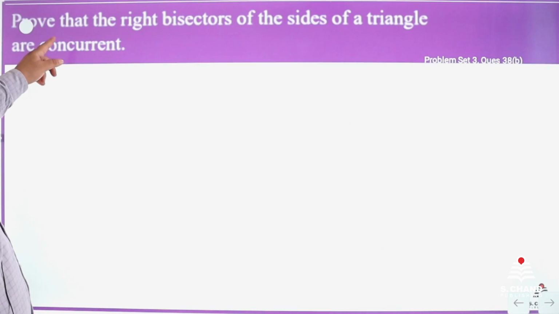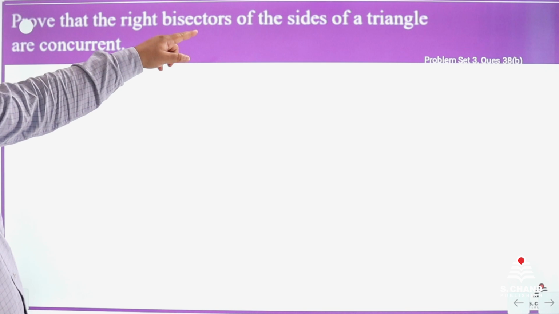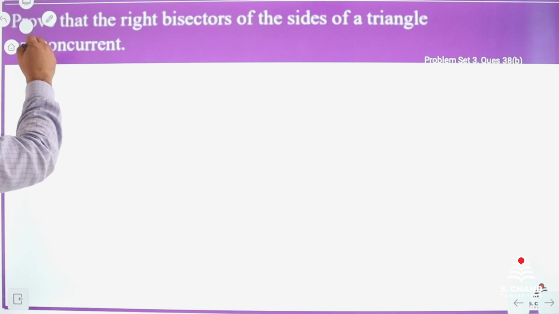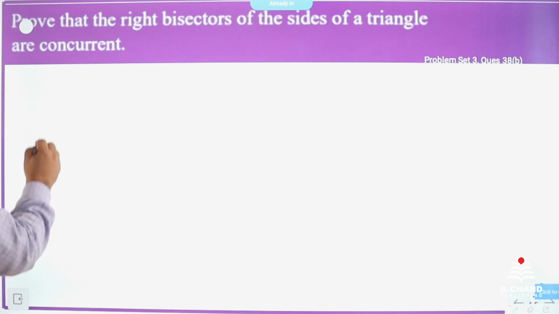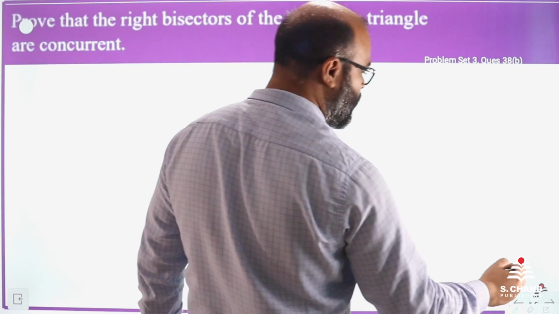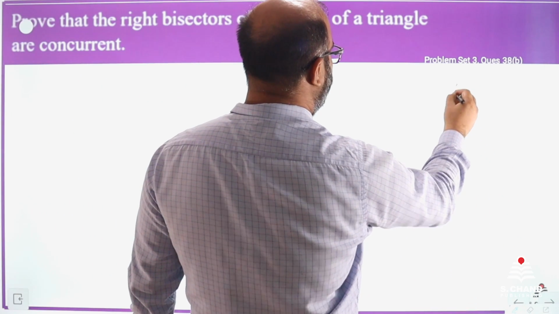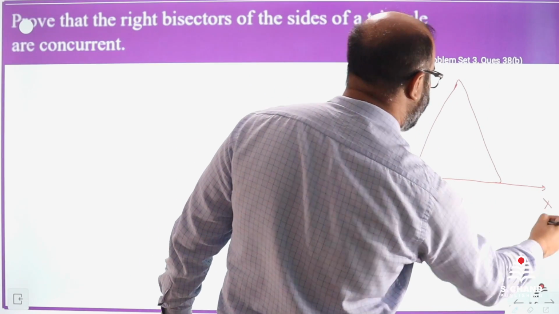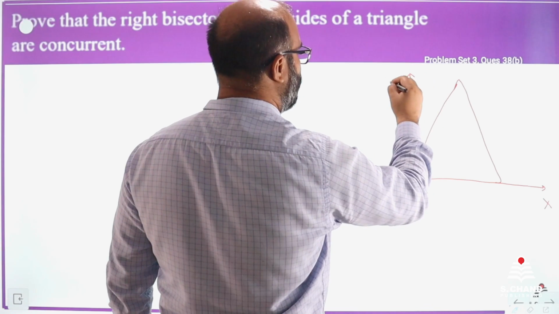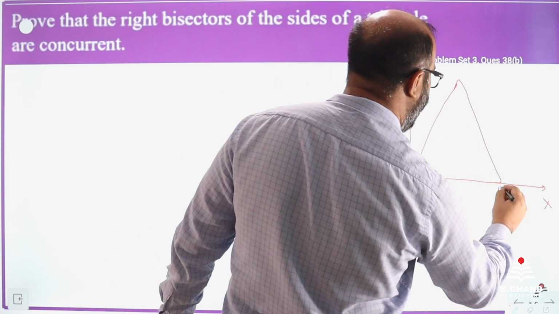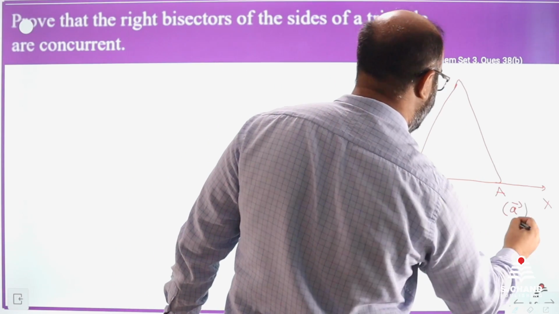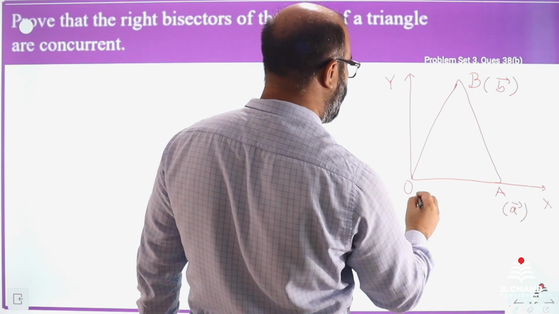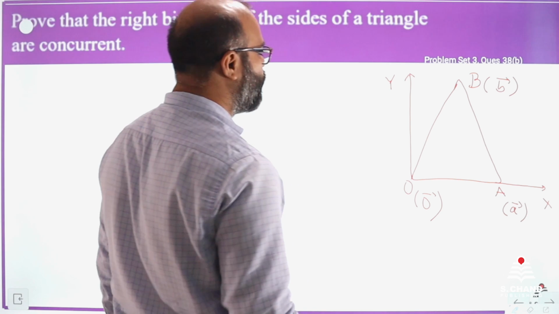So the next question is, prove that the right bisectors of the two sides of a triangle are concurrent. If we try to do this question, we have a triangle like this, and this is the x-axis, this is the y-axis. Let us take this point A as having position vector A, this point B as having position vector B, and this is the origin with position vector 0.